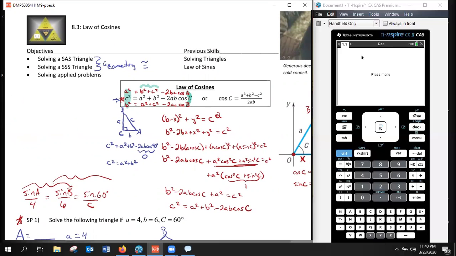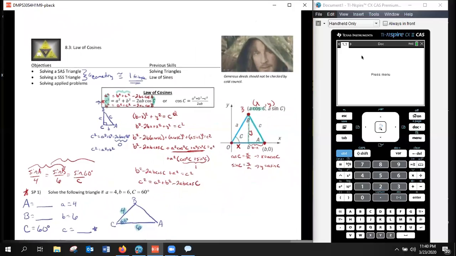And because they're congruences, there is only one triangle. Now, this is happy news because if you remember the law of sines, we had the ambiguity, and there's that headache of, is there one triangle, is there two triangles, is there no triangle? Law of cosines guarantees that we're going to end up with one triangle.